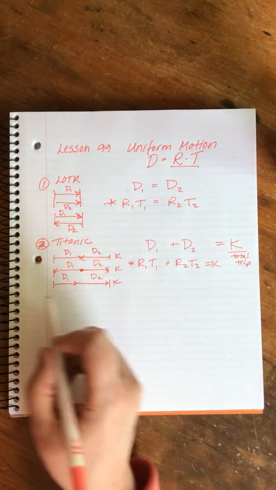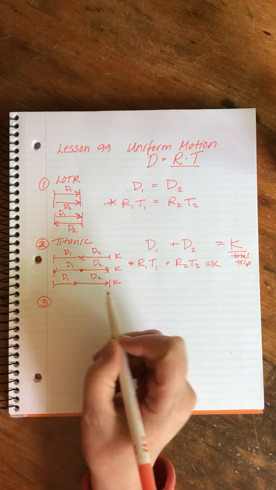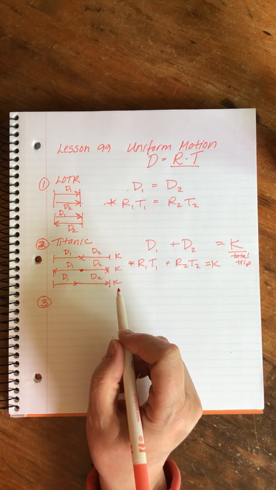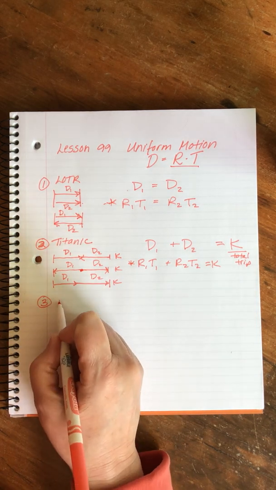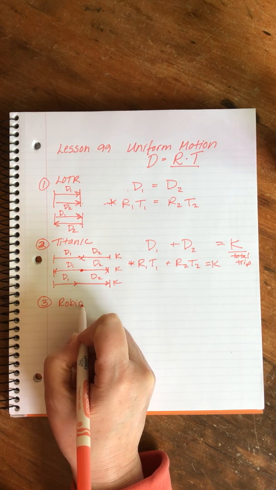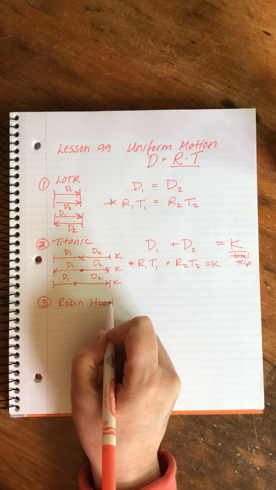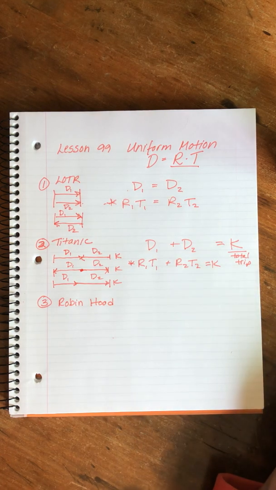Okay, the third scenario, and I'm still perfecting my movie connection to this, but you guys know the classic cartoon version of Robin Hood. I'm pretty sure this is where our analogy lies for type 3.